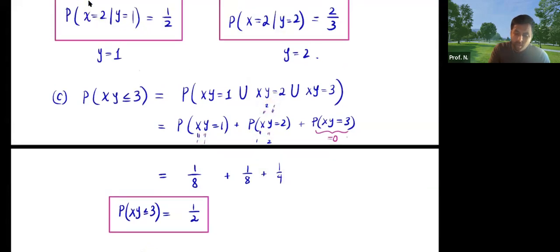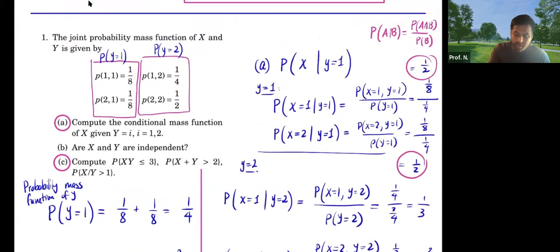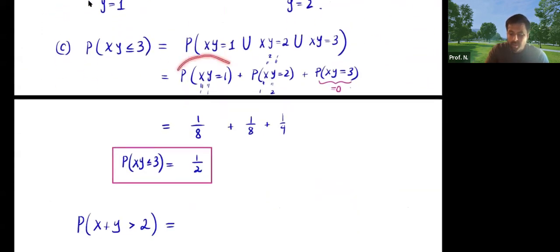And what the probability mass function of x and y, that joint probability, tells you is the probability of those instances occurring. P11 is saying the probability that x equals 1 while y equals 1 at the same time is an eighth. And the probability that x equals 1 while y equals 2 is a fourth, and so on. So that's the information that we're utilizing here.